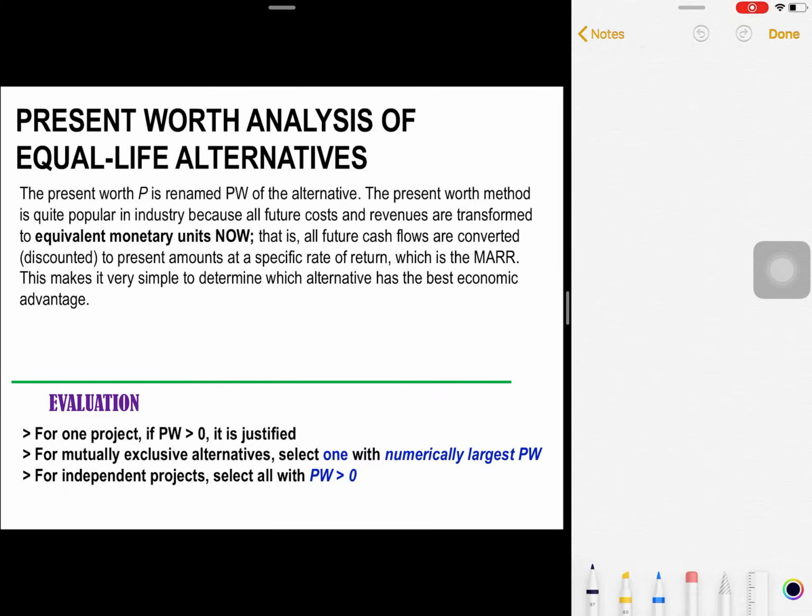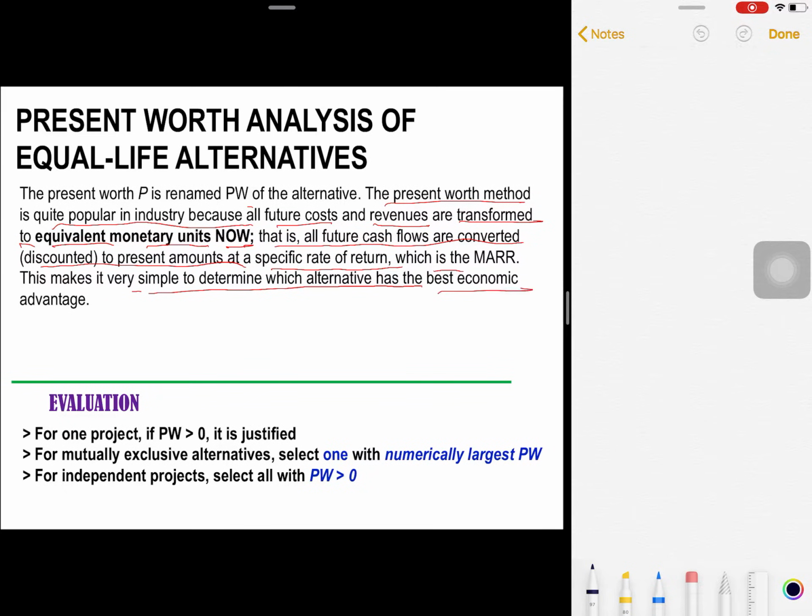The present worth analysis of equal life alternatives. Okay, the present worth P is renamed PW of the alternatives. The present worth method is quite popular in industry because all future costs and revenues are transformed to equivalent monetary units now, that is, all future cash flows are converted or discounted to present amounts at a specific rate of return, which is the MARR.